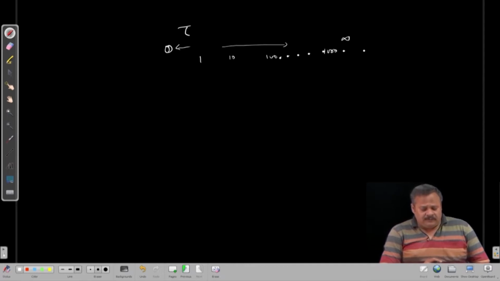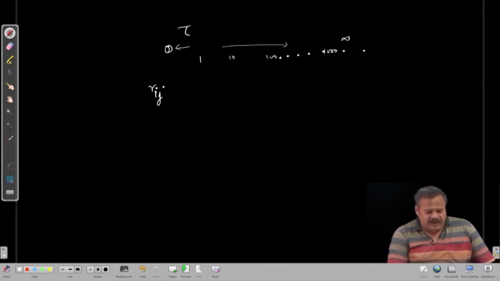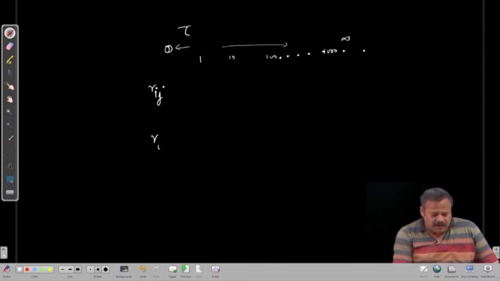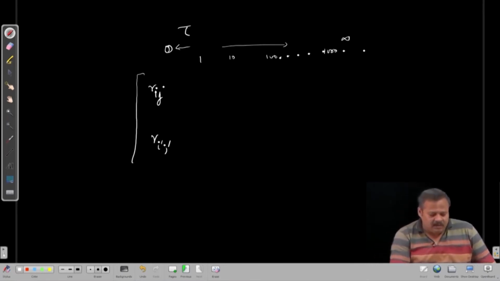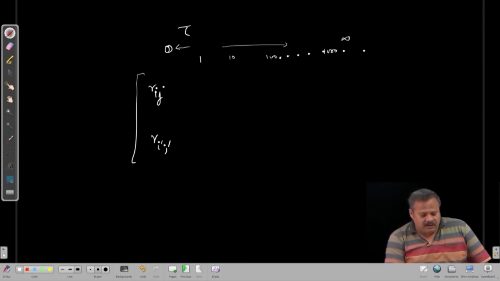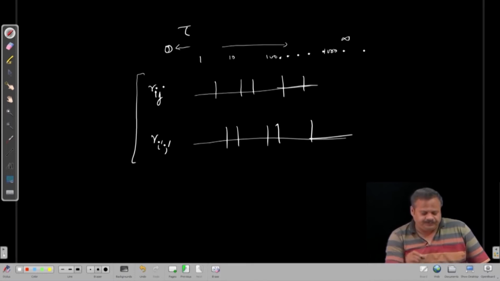Now if Rij is a spike train and Ri prime j prime is another spike train, keeping our original nomenclature, let us say it is some spike train like this, and this one is another spike train that is like so.